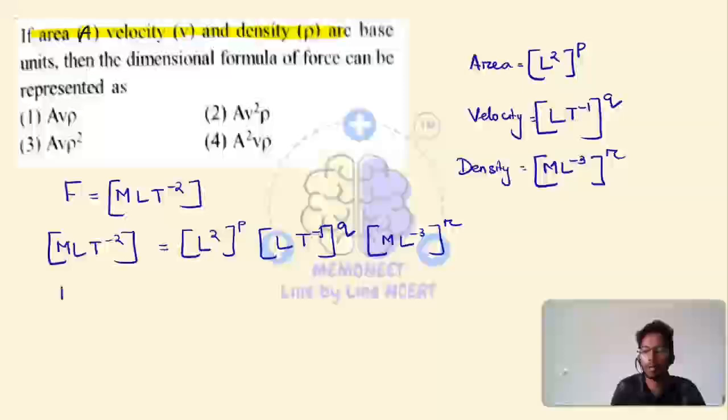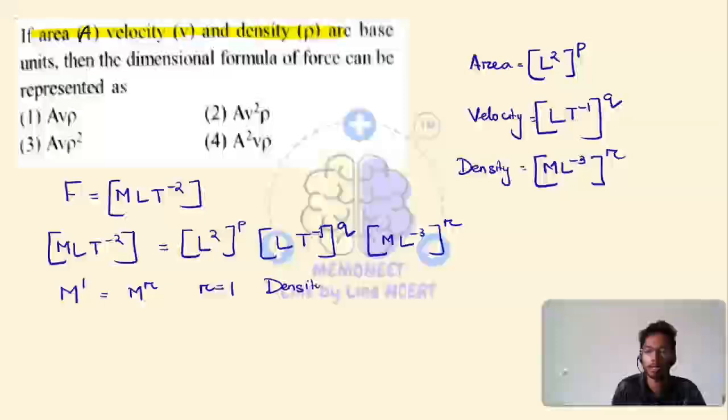For the mass, M to the power 1 will be equal to M to the power R. So it means R is equal to 1. So for the density, the power is 1.